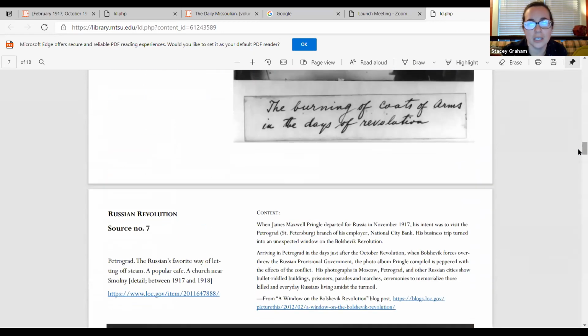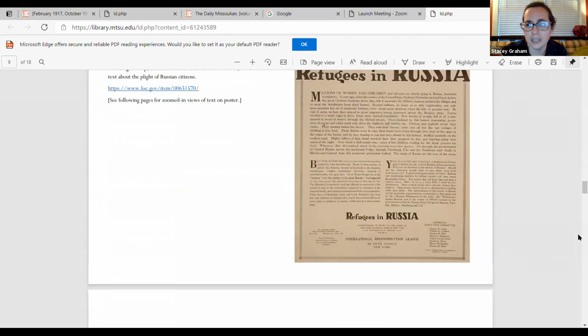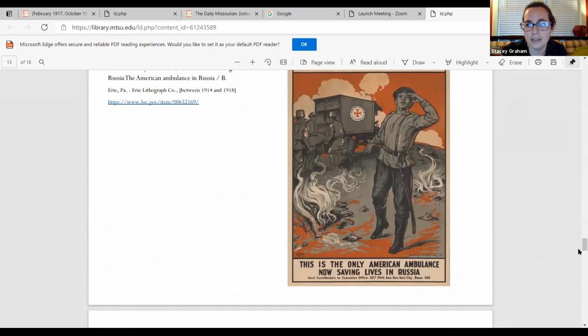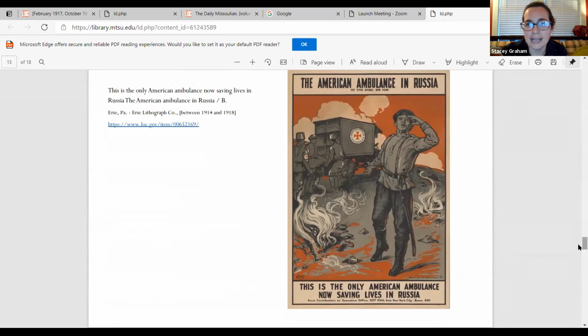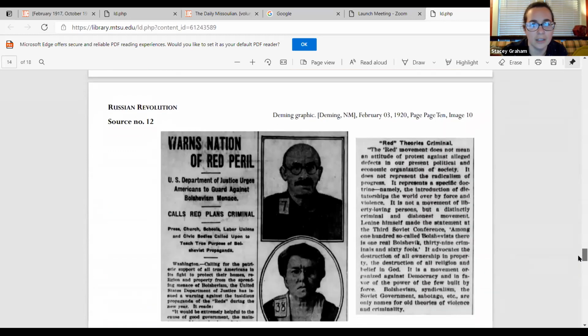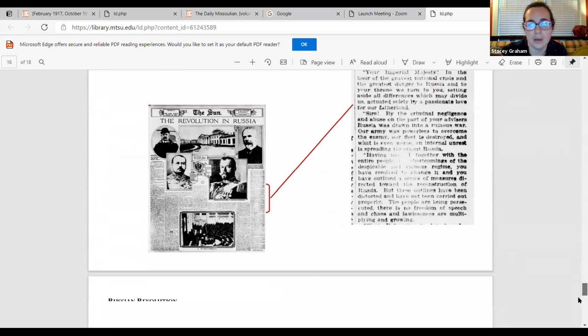We're going to come back and look at two of these more closely on the PowerPoint. But I just wanted to run through. Here's one of the last American ambulance in Russia poster. Oh, the red peril warning in the United States, where the excerpts are from, more excerpts.